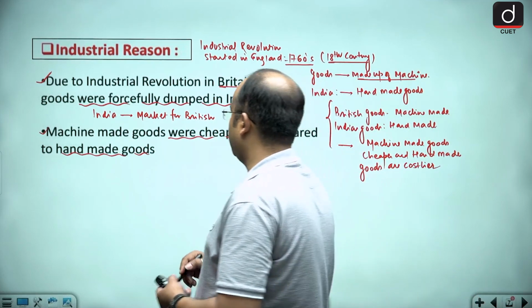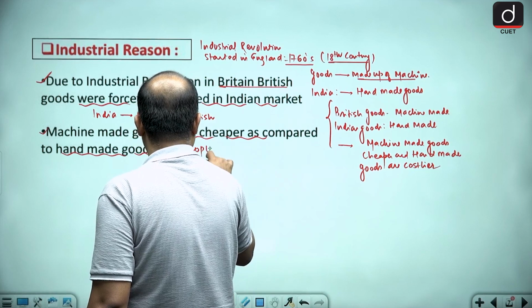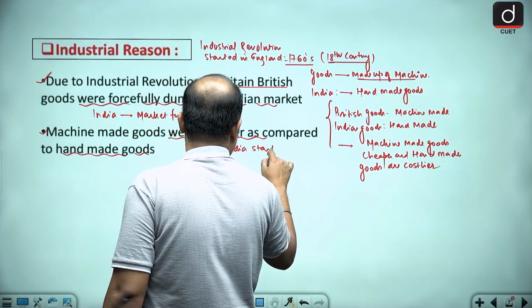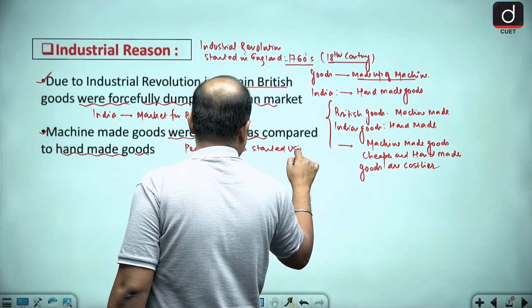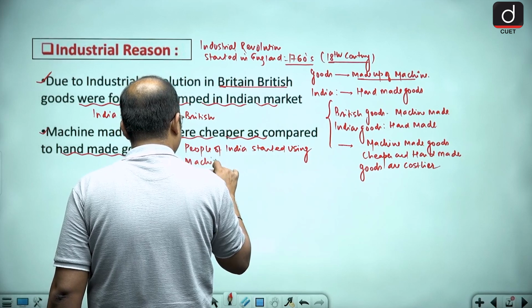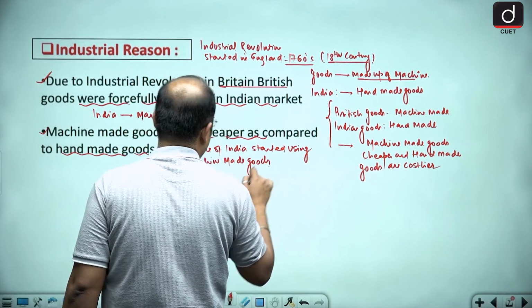So what happened? The people of India started using machine-made goods because they were cheaper in price.